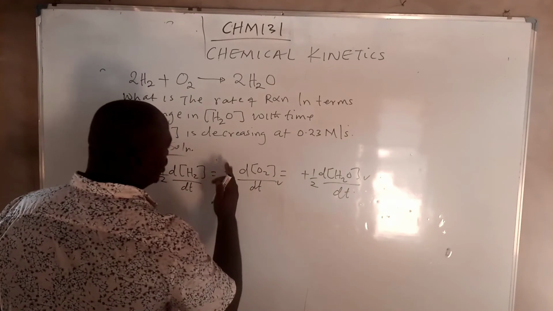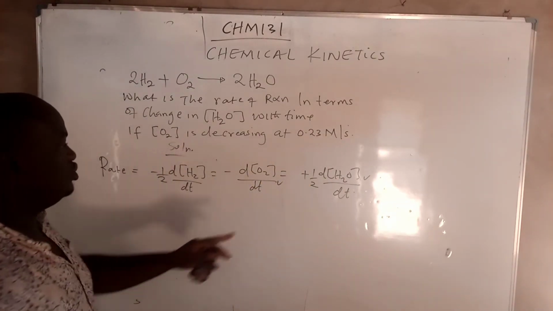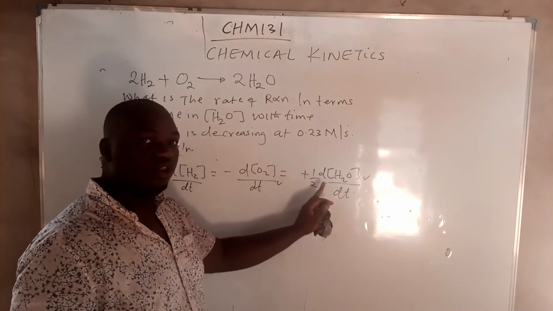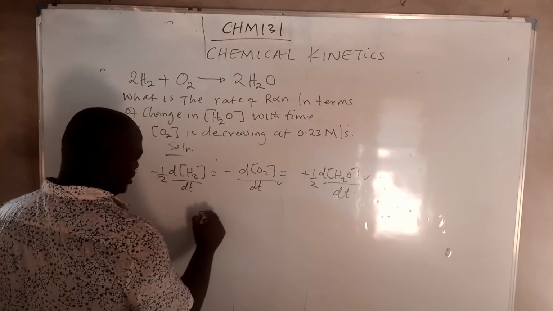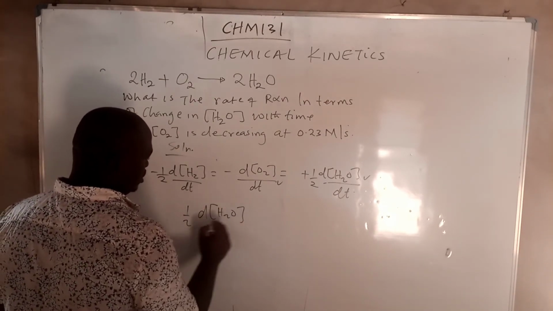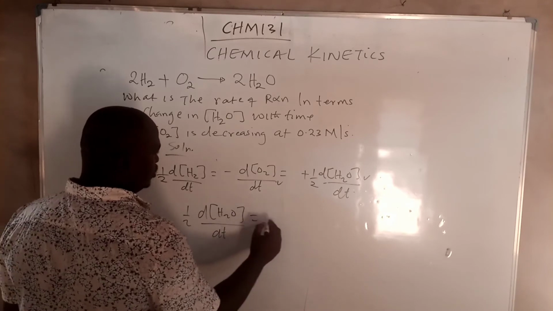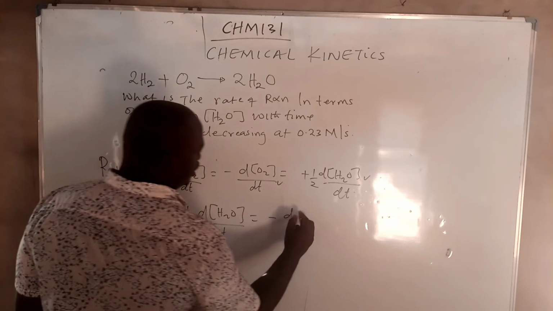So, if you focus on only oxygen and water, what we are going to do is make that of the water the subject of the formula. So from here, we have 1 over 2 concentration of water over time to be equal to minus the oxygen.